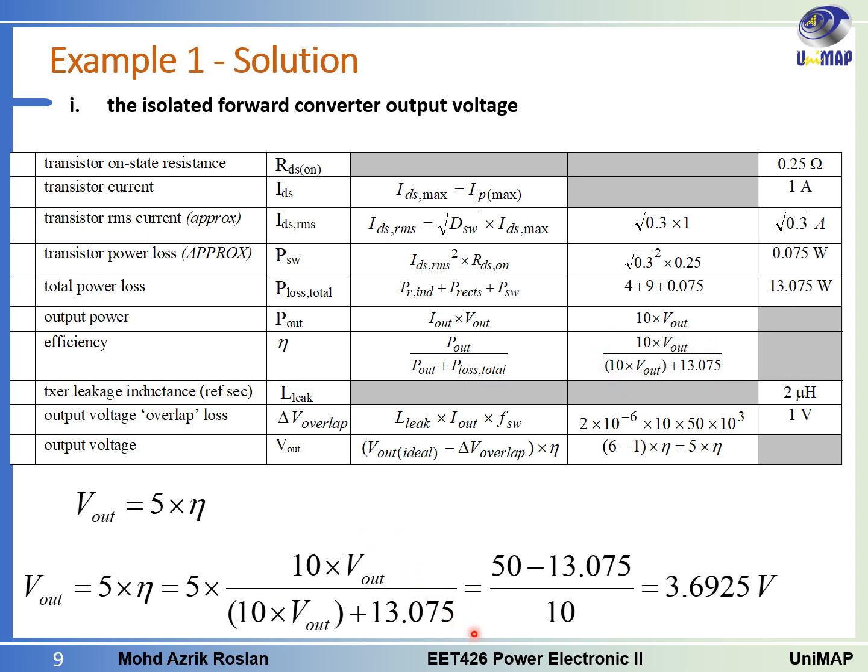And then you can factor out V out, moving everything to this side. The remaining one is 50 minus 13.075 divided by 10, and then you will get 3.6925.